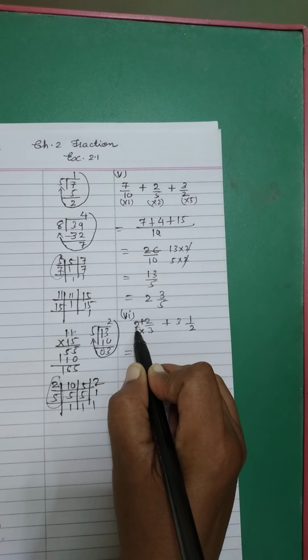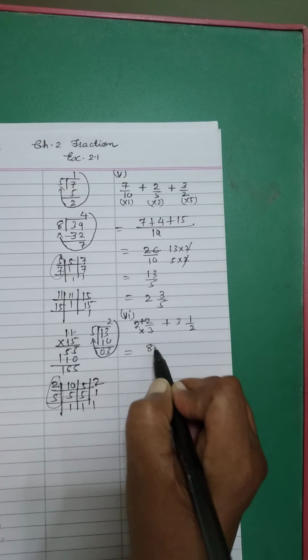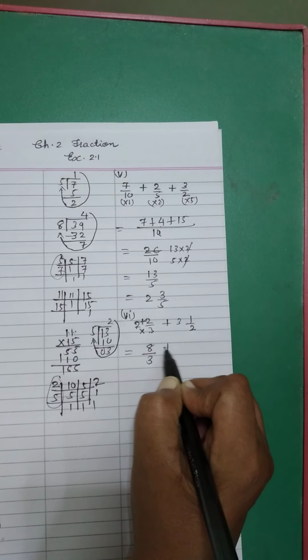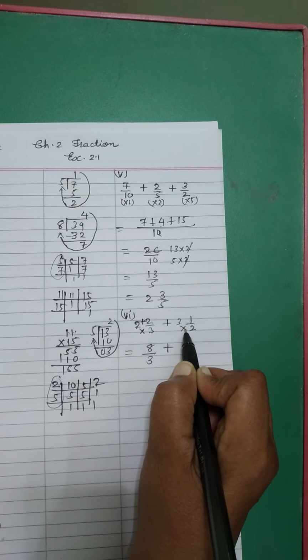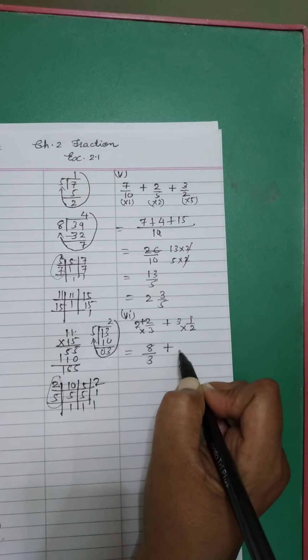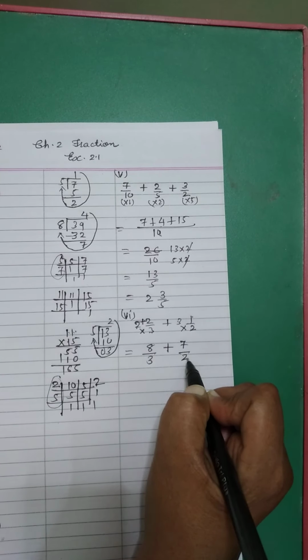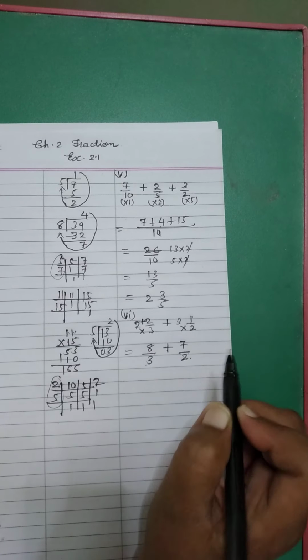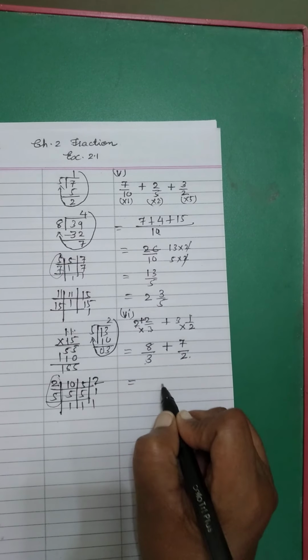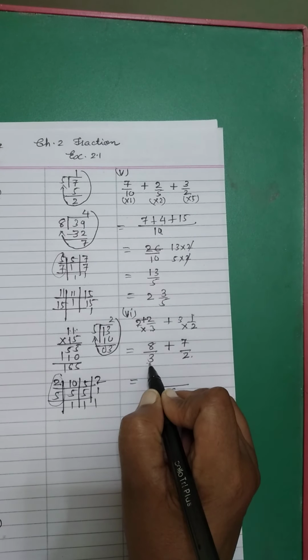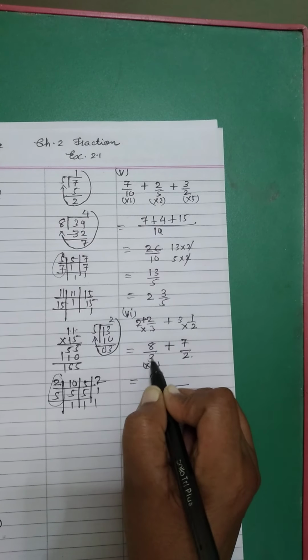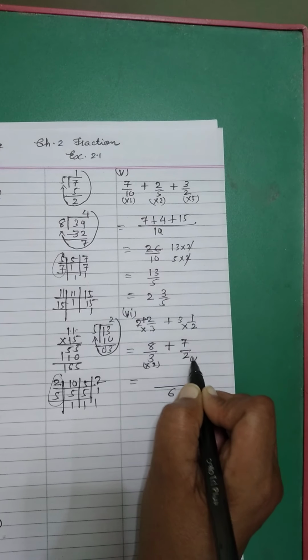So write 3 twos are 6, 6 plus 2, 8 upon 3, plus 3 multiply 2, 3 twos are 6, 6 plus 1, 7, 7 upon 2. Now LCM of 3 and 2 is 6, right? Here I want 6 LCM, so 3 multiply by 2, 6. Here 2 multiply by 3, 6.